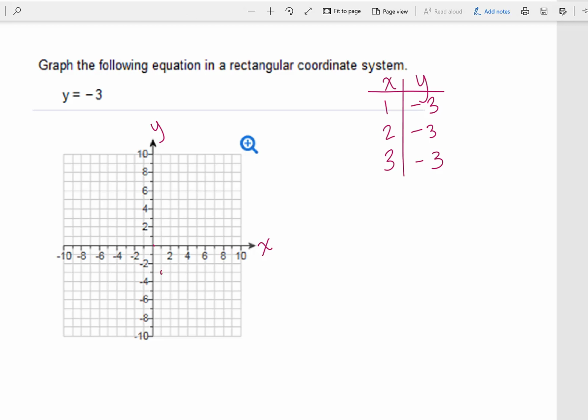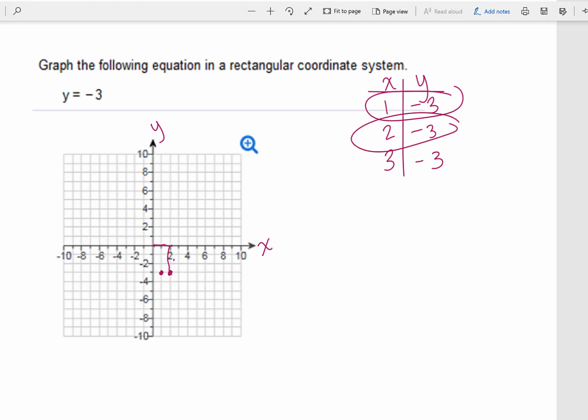So I drop down 1, 2, 3. And then my second, so that was my first ordered pair. My second ordered pair is 2, -3. So 2, starting from the origin, 2 to the right, and then drop down -3, and boom, there's my second point.